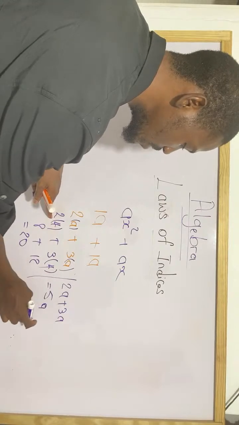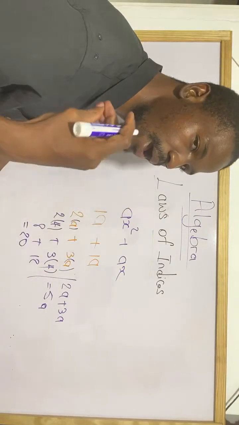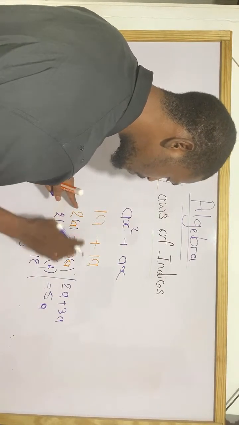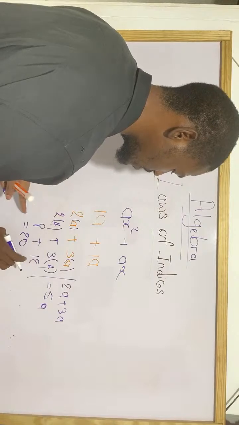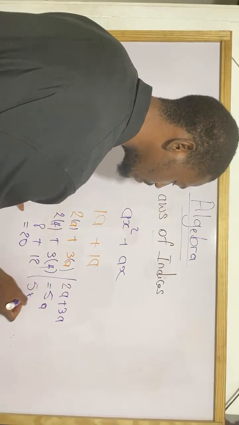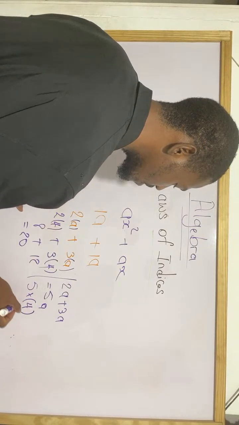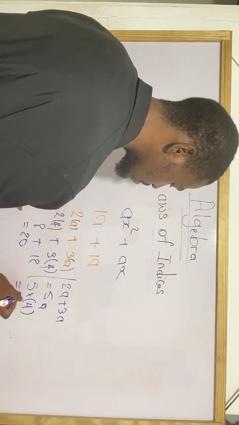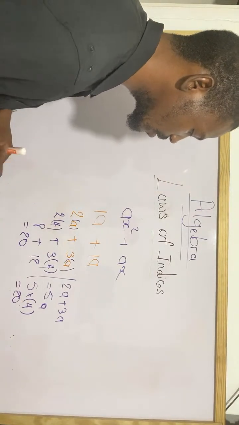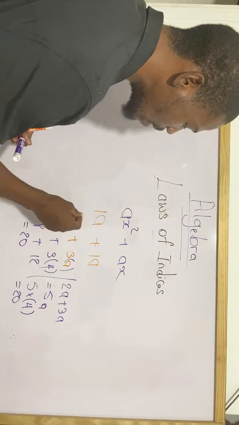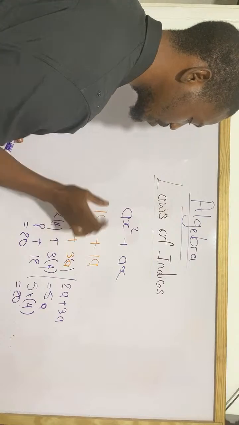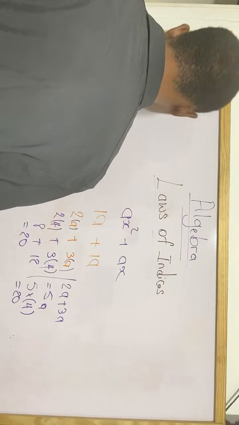If I take that principle and check if it really works, I should get back 20, because when we put it in here, we can see that we got 20. So if 5a really means 5 multiplied by whatever value a is, 5 times 4 gives us 20. So that is how it actually works. That explains why we rewrite the variable and just add the coefficients. So that is the basic rule.